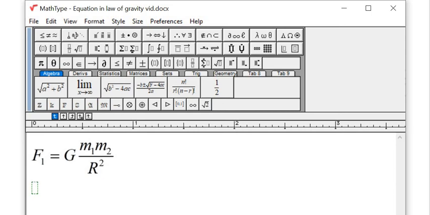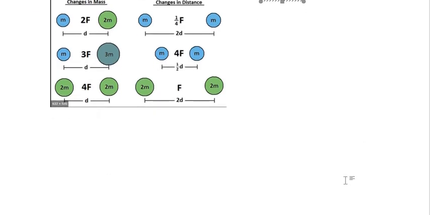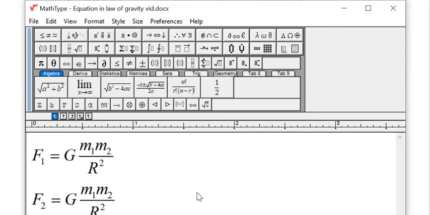Now let's say F2, and for F2 we have G M1 M2 over R squared.